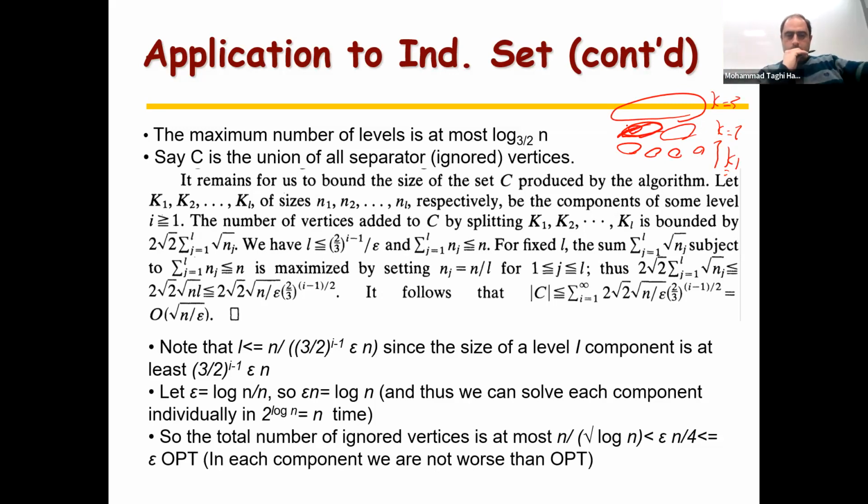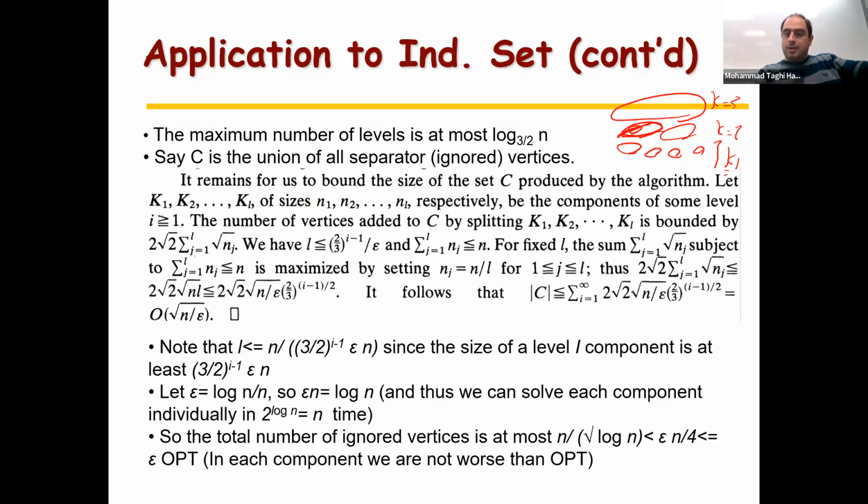Good. So let K1 to KL be the sizes of the components, which would be N1, N2 to NL. And these are the components of some level i greater than 1.